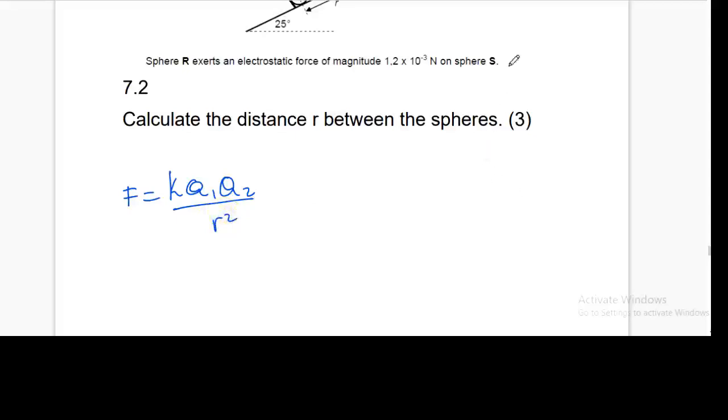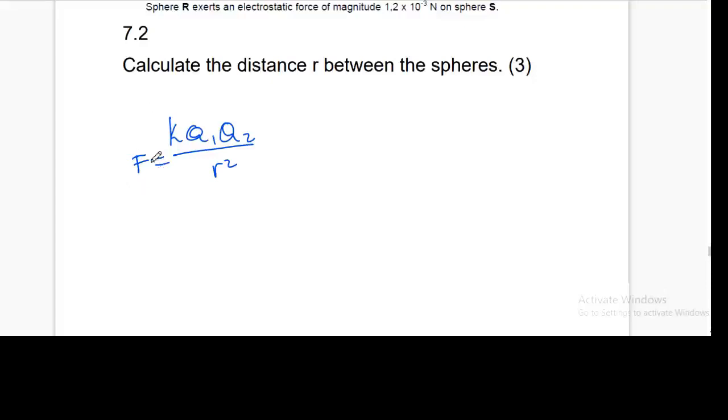This is Coulomb's law. What do we have? We have F and everything here; what we don't have is R. So I'm going to rearrange this and make R the subject of the formula, meaning R is the square root of kQ1Q2 divided by F.